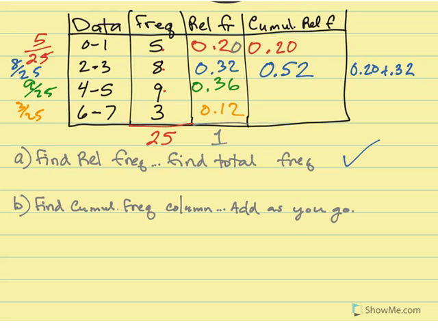Now I take 0.52, and I add to it the 0.36. So now I have 0.88. For the last one, I take my 0.88 and I add my 0.12, which is in fact 1. So hopefully you see how that is an add as you go kind of a thing. And that is a cumulative relative frequency table for a set of data.